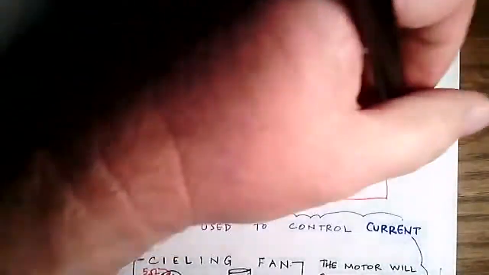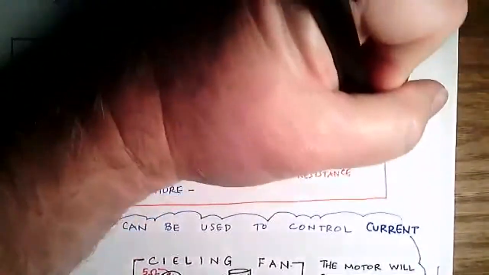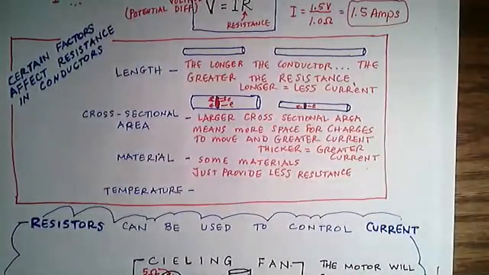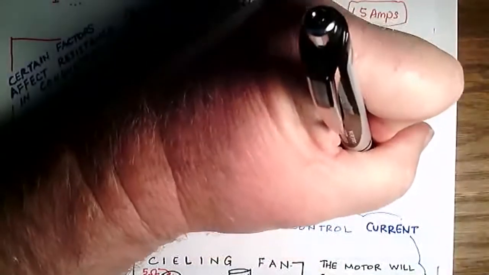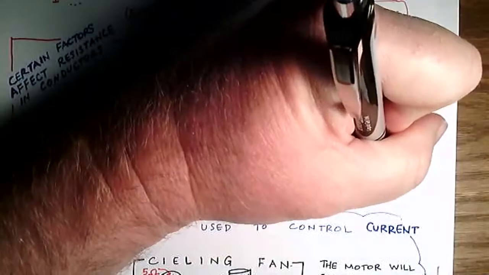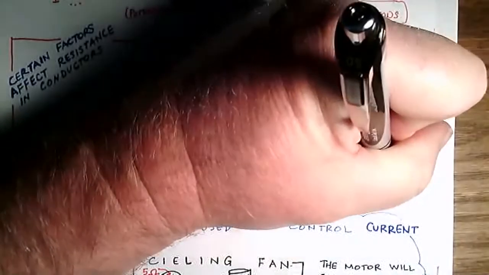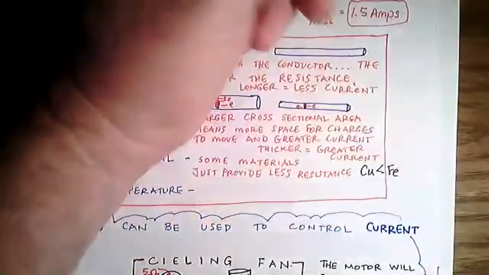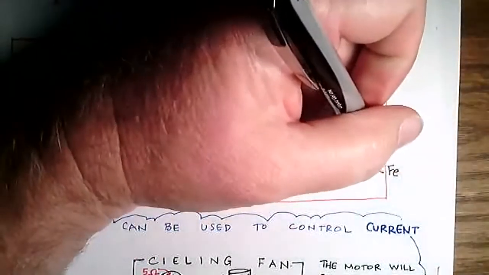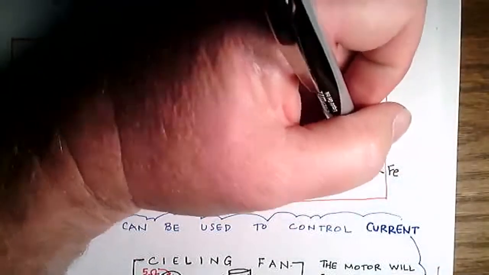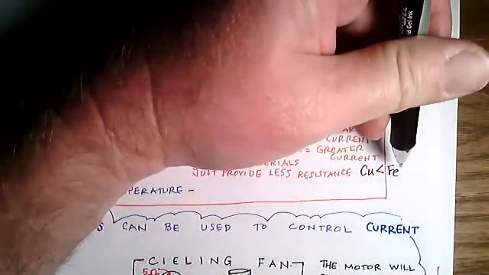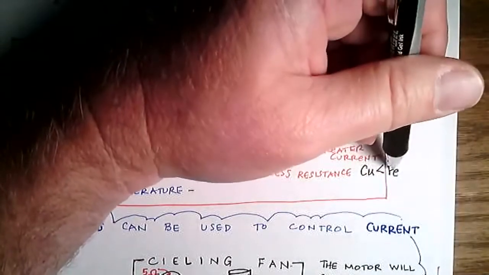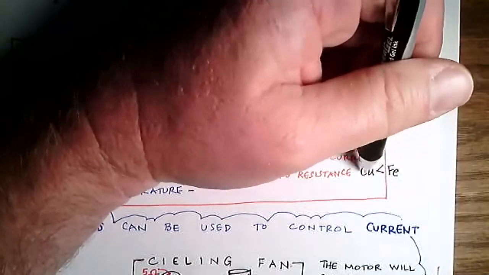For instance, copper, let me write this in a different color, as an example, provides less resistance, I'll just use a less than sign, than say iron. Copper is a conductor that provides less resistance than iron does. So that's one of the reasons, at least, that we make our wire from copper.